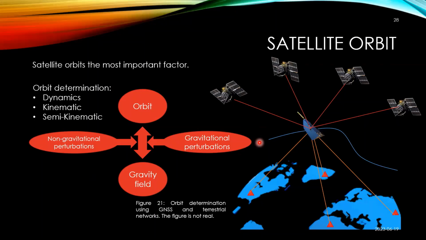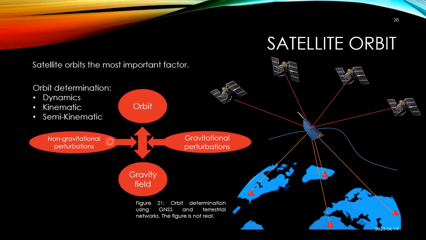They all can be used for determining a precise coordinate for the satellite, because these changes of the satellite movements are due to the gravity field, of course the biggest one. This type of orbit determination is called kinematic orbit determination.